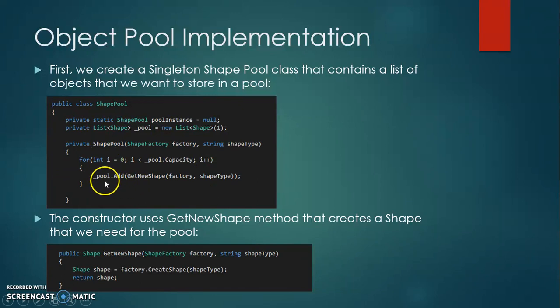And the constructor is using the getNewShape method that creates a shape that we need for the pool. It uses a factory to create those shapes. So we have this getNewShape, and it returns a particular shape that we need.